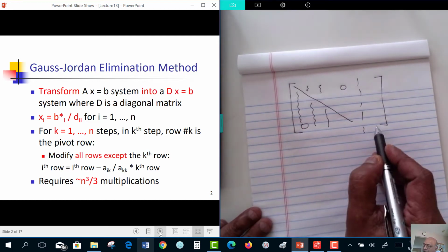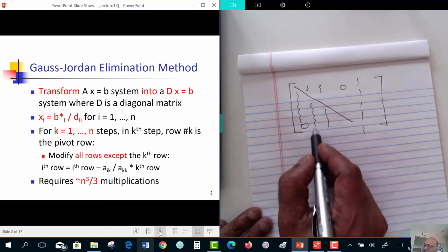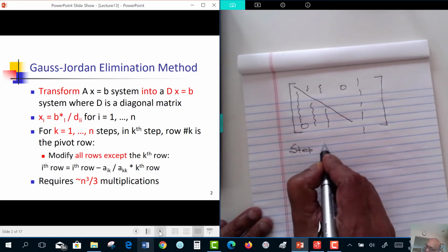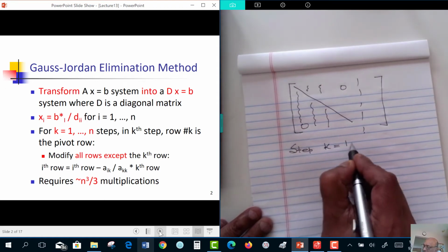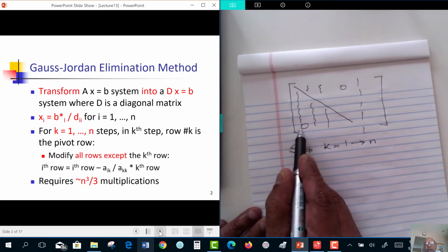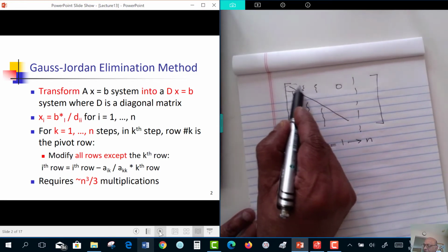When we want to get zeros in first column, we call it first step. Then we have second step. So for steps k 1 through n, we want to get zeros in first column. We will modify all rows except the first row.